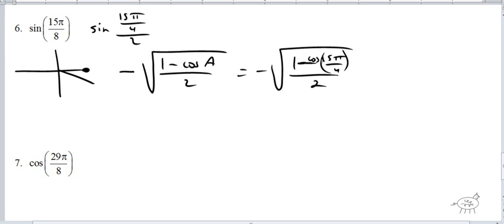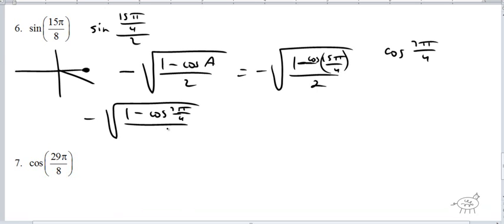Okay, and again, 15 pi over 4 is huge, so I can shrink it down by 2 pi, which is 8 pi over 4, and so I really get cosine of 7 pi over 4, which is manageable because that's less than 2 pi. So I get negative square root of 1 minus cosine of 7 pi over 4 over 2.